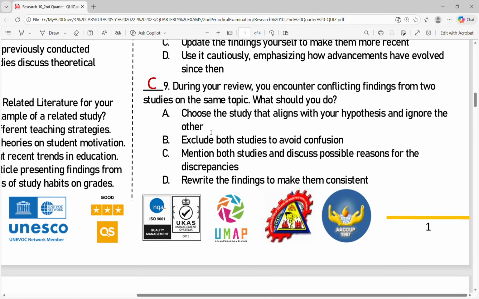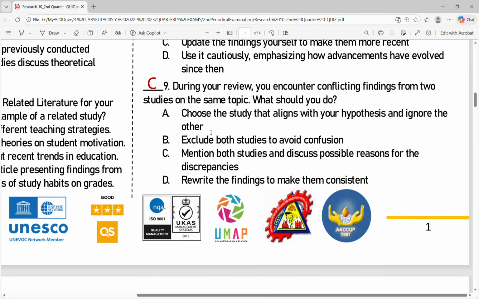When I told you to look for review of related studies, for example, the impact of study habits to the academic performance, if you have found a positive effect on study habits and academic performance, then you include it in your research, in your chapter 2 in particular.